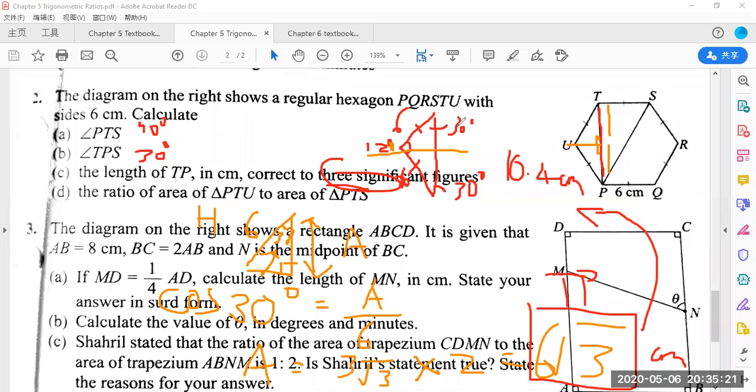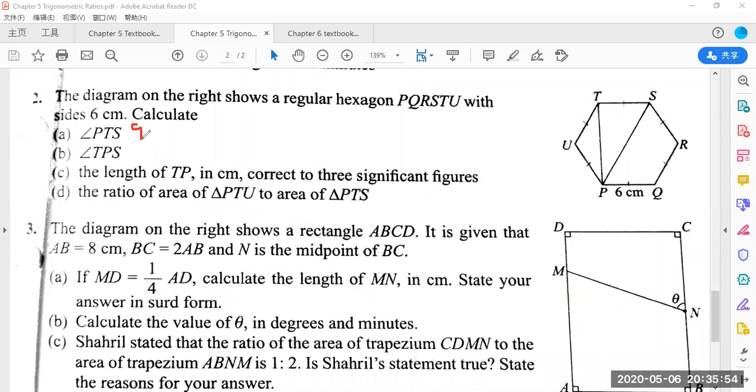So we continue with part B. Find the ratio of the area of PTU to the area of PTS. So what is the ratio? How do you think about this? This one is 10.4.